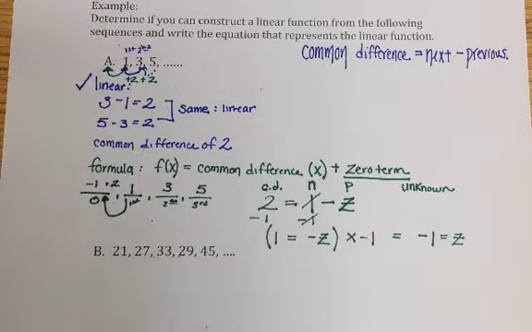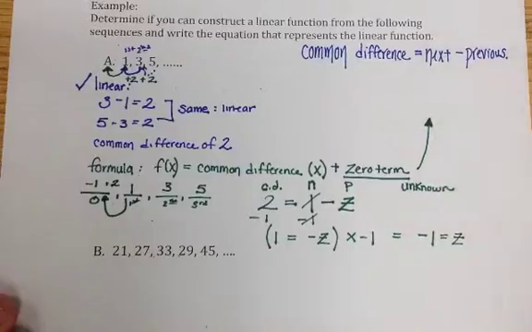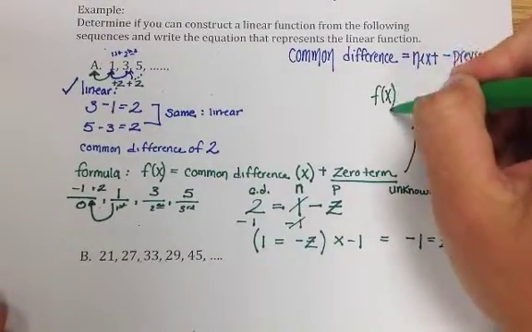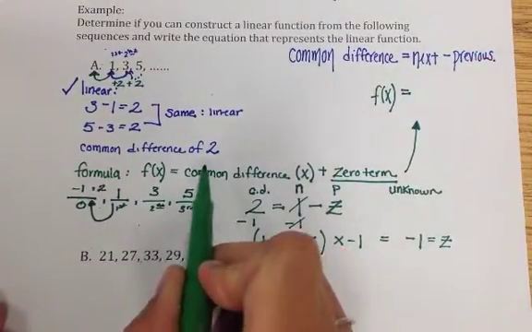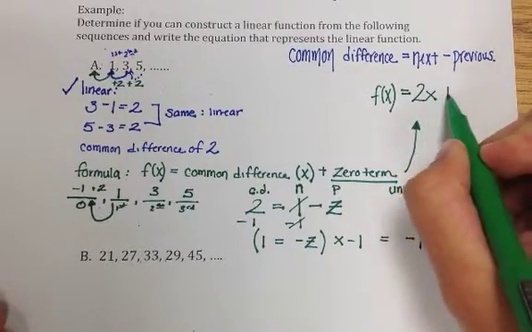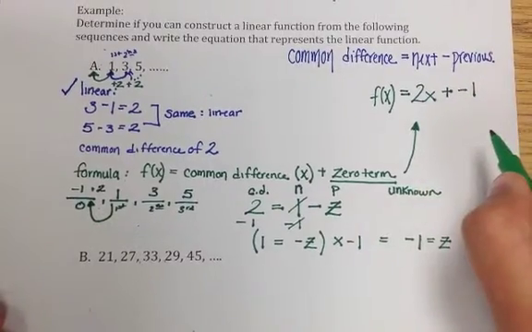So if I'm going to write my formula, I now know my unknown. So I have f of x in function notation equals the common difference, which we solved to be 2, times x plus the 0 term, which is negative 1.